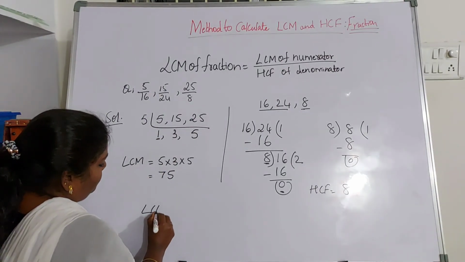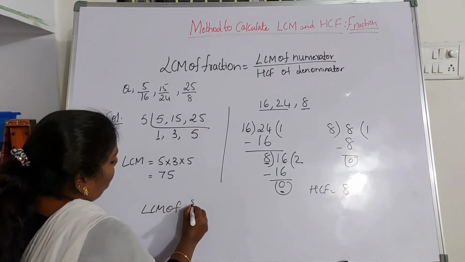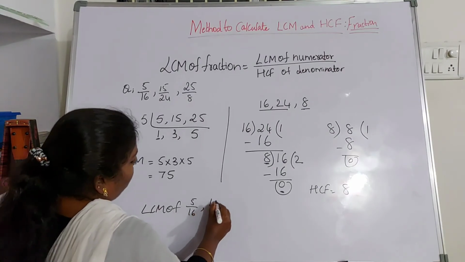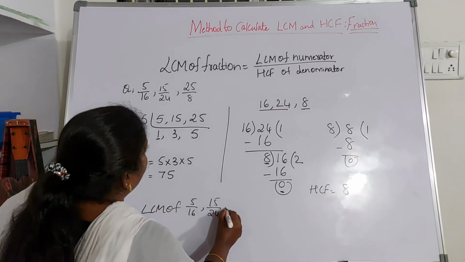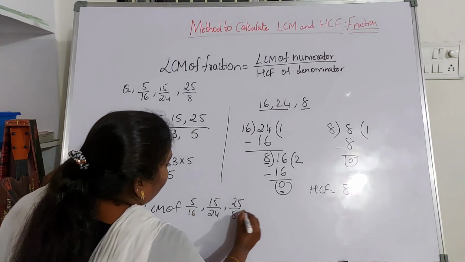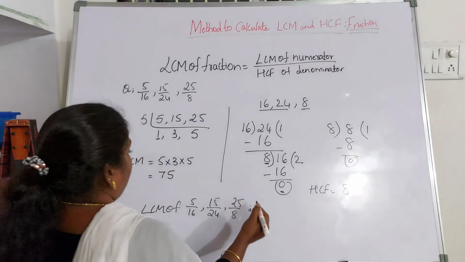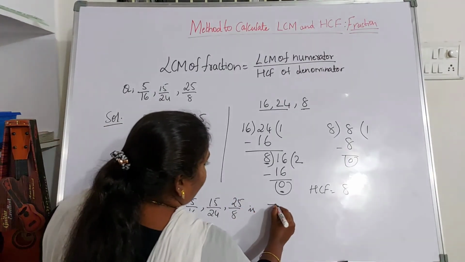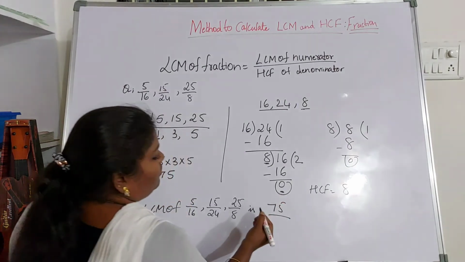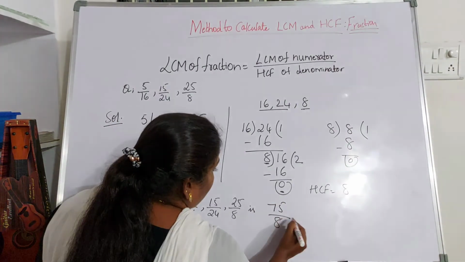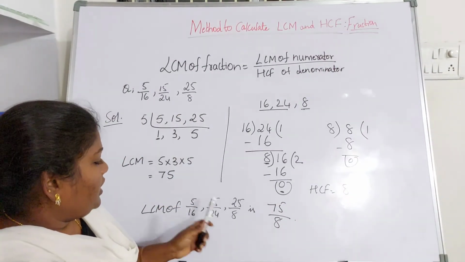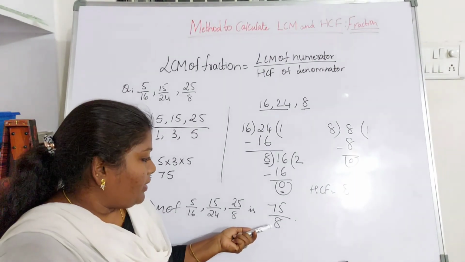The LCM of 5 by 16, 15 by 24, 25 by 8 is LCM of numerator 75 over HCF of denominator 8, so the answer is 75 by 8.